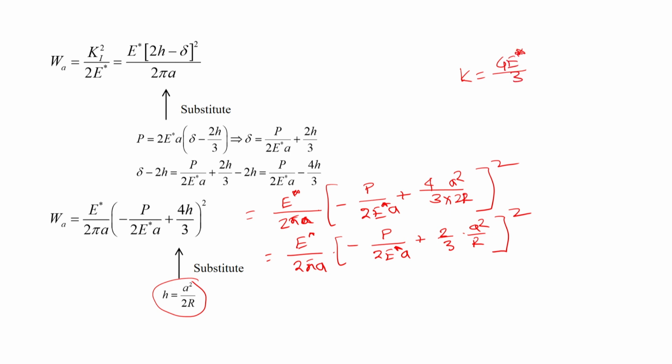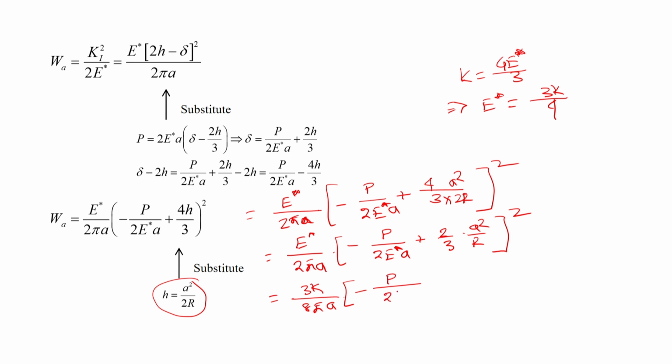So, this is the way I write. So, from here E star goes as 3 capital K by 4. So, here we will write E star, 3 capital K. So, 3 capital K by 8 pi into A minus P, and E star is 3 K by 4.